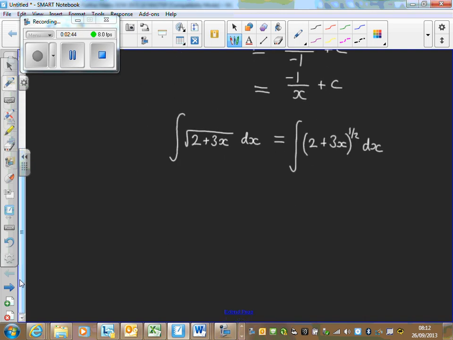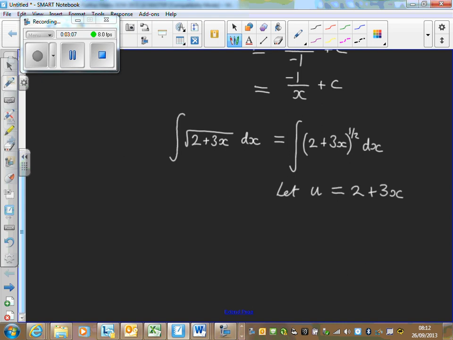So what we're going to do, and we're going to follow this step every single time, we've got an inside function and an outside function. The inside function is this 2 plus 3x. So what I'm going to do is, I'm always going to do this. I'm going to let u, the letter we use for this usually, equal 2 plus 3x.